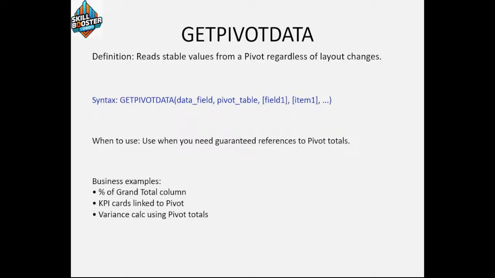These are new functions which help to grab the data from the pivot table, such as the percentage of grand total column, or any particular value based on the row value. If you want to get that data, you can just use this formula to copy that data from the pivot table.